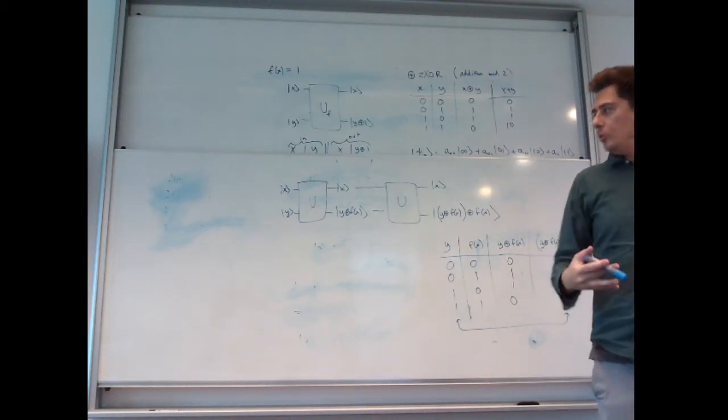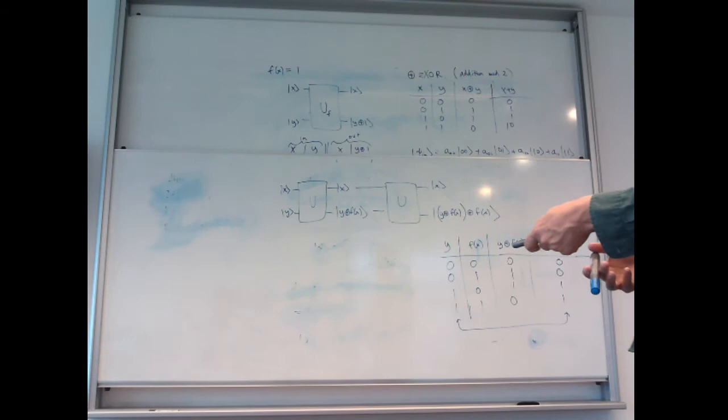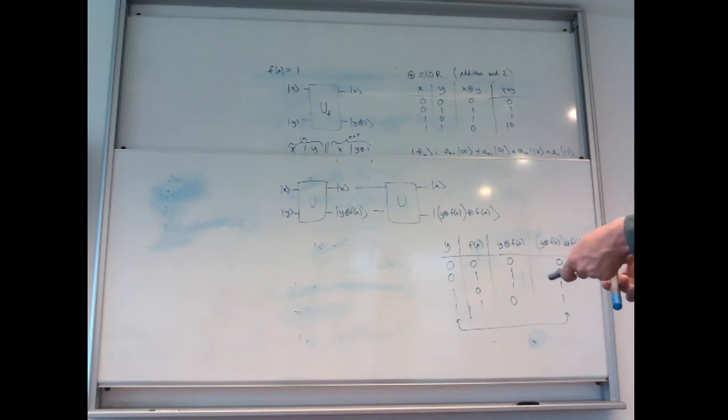So modulo 2, 2x is actually 0. So that's why 2 of f of x is equal to y plus 0, and y plus 0 is always just y.